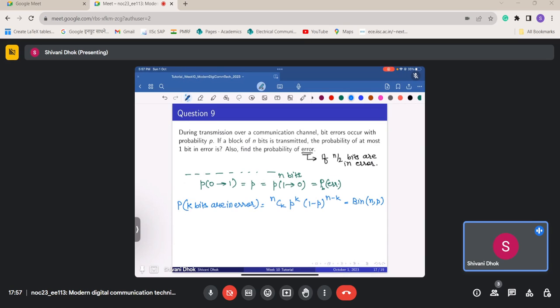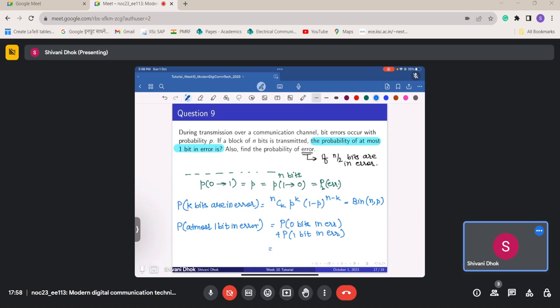So the first thing that we need to find is the probability that at most one error occurs, or at most one bit is in error. So the probability that at most one bit is in error is equal to the probability that 0 bits are in error plus the probability that 1 bit is in error.